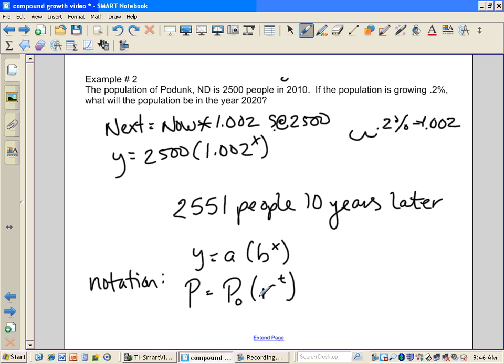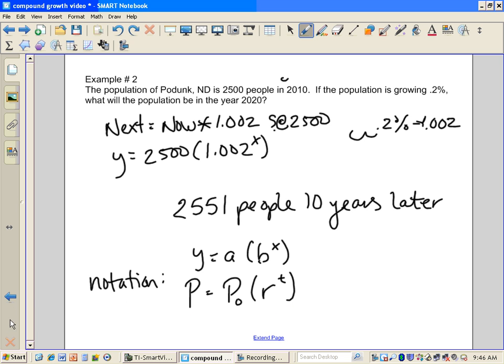So this is just another way of showing the same thing. We're using t for time instead of x, r for the rate, the population growth rate, and P sub 0 is a way to write the initial population. I just wanted to show you that, so if you ever saw it, you wouldn't be confused.